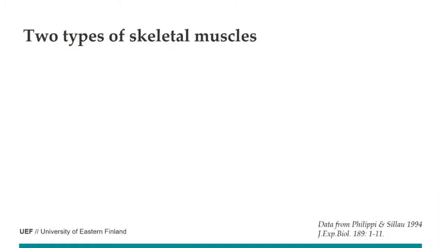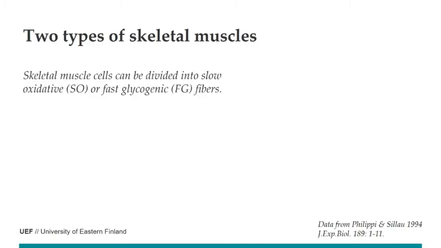And then when we are thinking about what happens in exercise, are we using oxidative catabolism or anaerobic metabolism, etc.? We also need to know that we have two different kinds of skeletal muscle fibers, and they behave differently. We have slow oxidative fibers and we have fast glycolytic fibers.